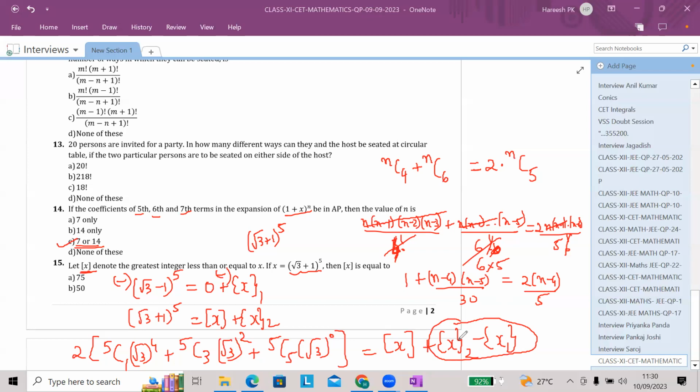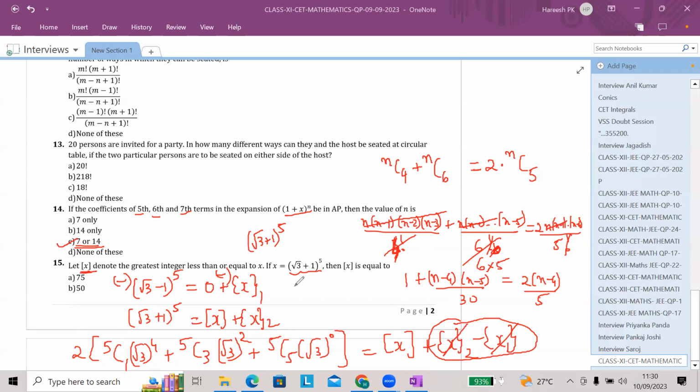Because you are subtracting here, both of them lie between 0 to 1, so when you subtract, you'll surely get something between 0 to 1 only. And because we want it to be an integer, both of these terms have to cancel off with each other. So therefore, I get greatest integer of x is simply 2 times of this term.